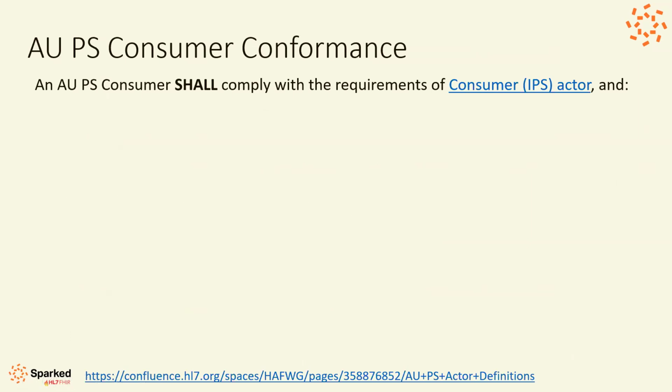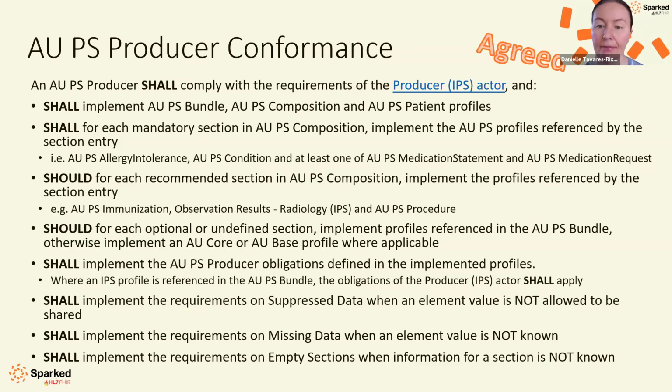Oh, sorry, Talwinder, yes? With respect to the vital signs and the observations, I see there is a vital sign section within the composition. But blood glucose doesn't come under vital signs as per AU code. So if it is covered by, hang on, let me just go to it.